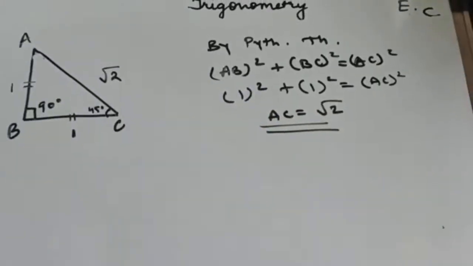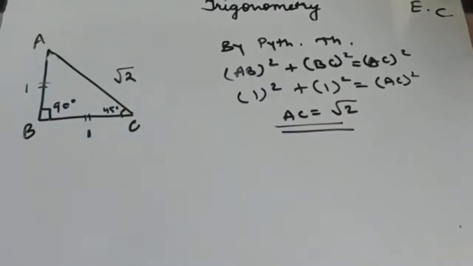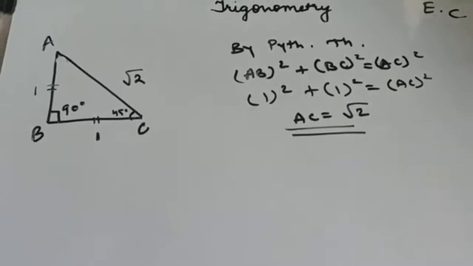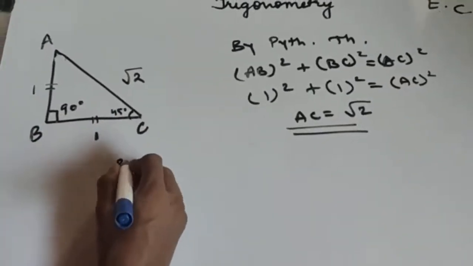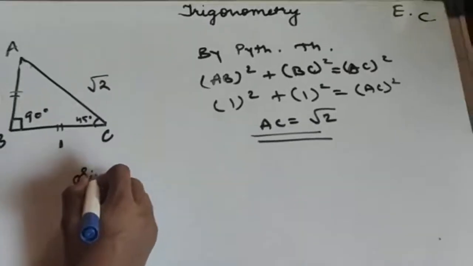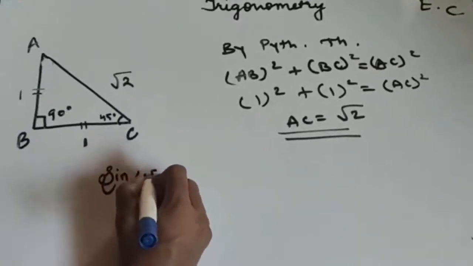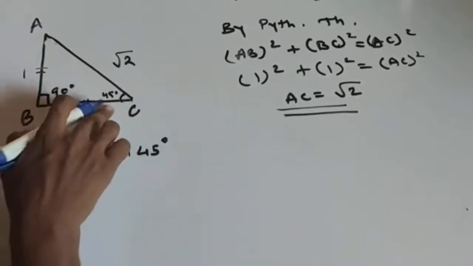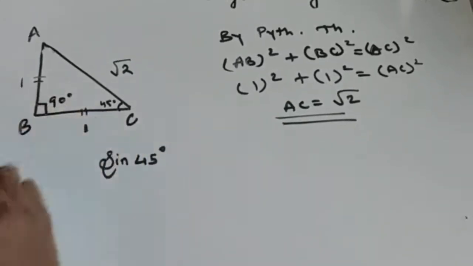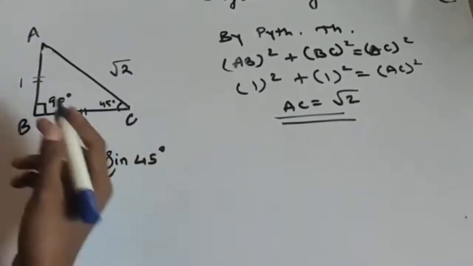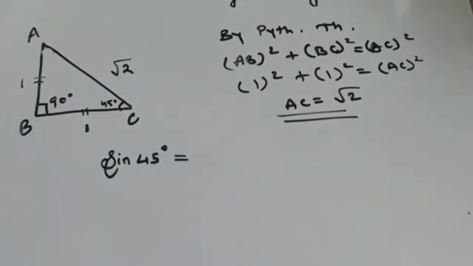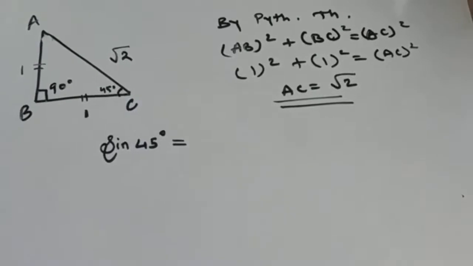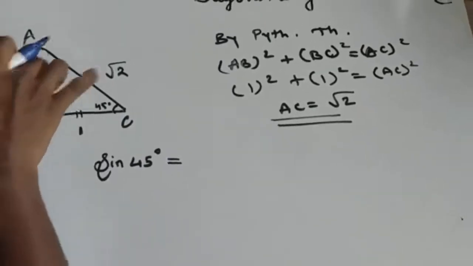Now since we have all the sides, let's write the trigonometric ratios. Let's write sine 45 degree first of all. This 45 degree angle we have considered as angle C, you can consider angle A also, one and the same. So sine 45 degree, as we know, is opposite side upon hypotenuse.